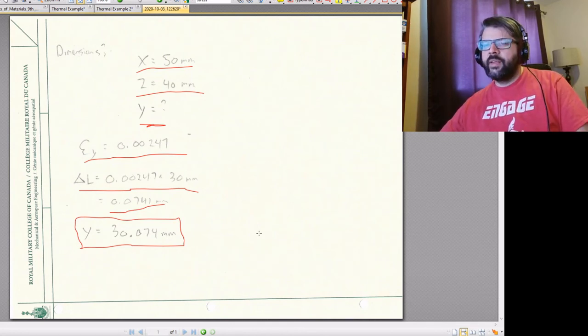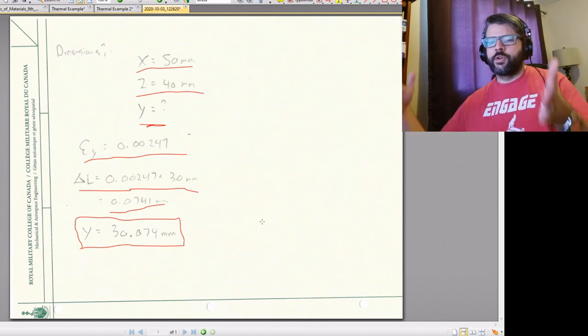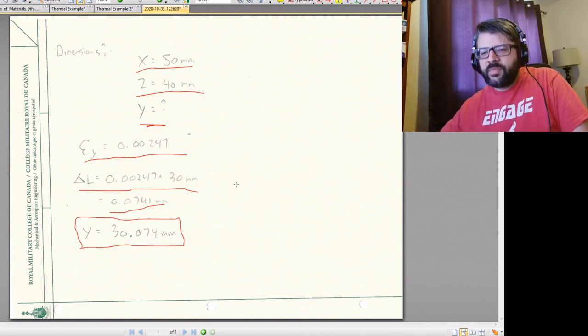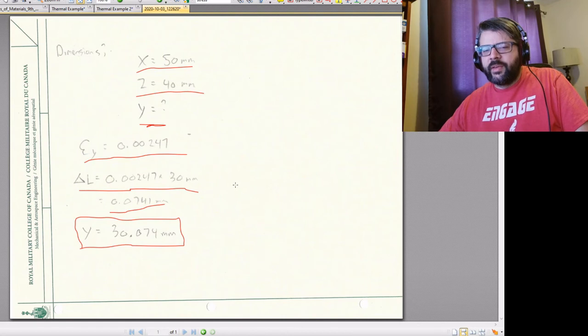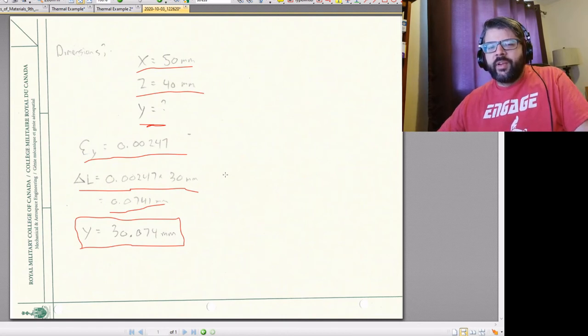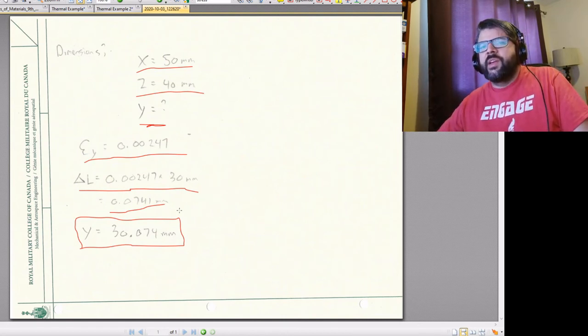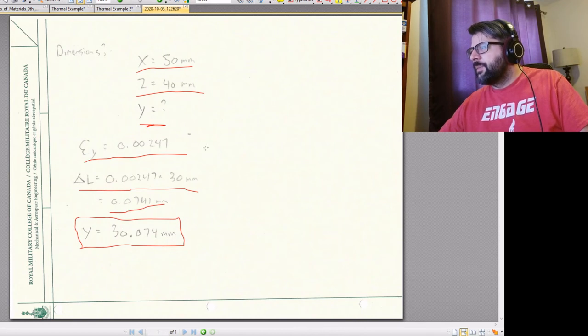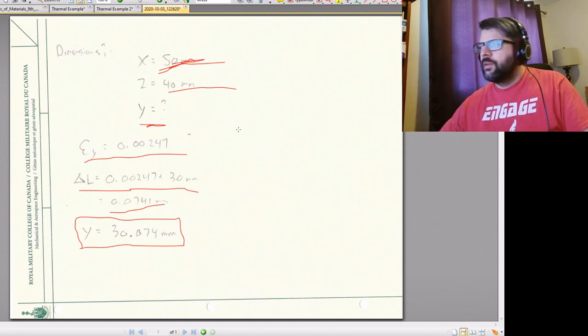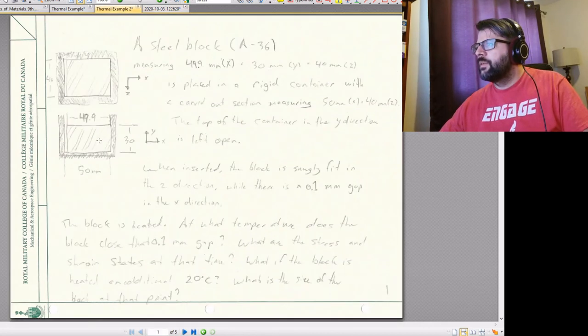So again, this is not a large change in shape. If you were just observing it, you would be hard pressed to see it. I mean, you might be able to see this little gap here closing.